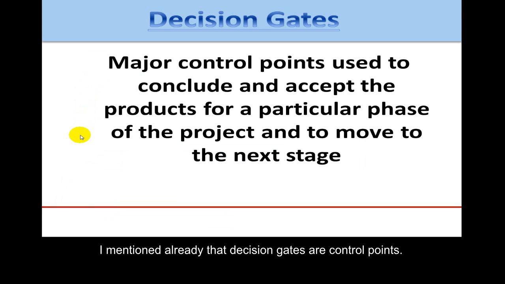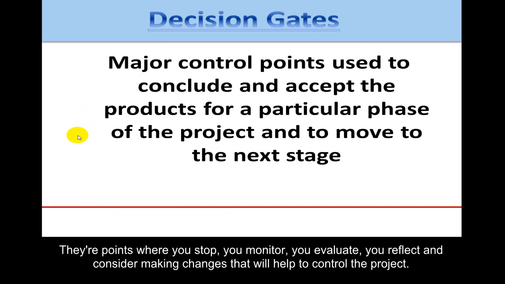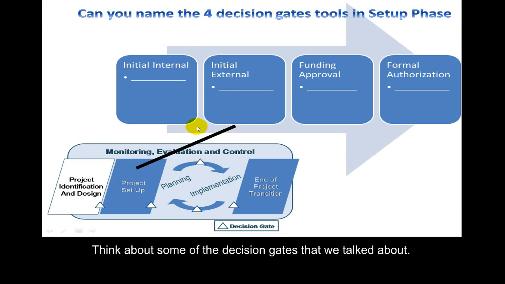And I mentioned already that decision gates are control points. They're points where you stop, you monitor, you evaluate, you reflect, and you consider making changes that will help to control the project.